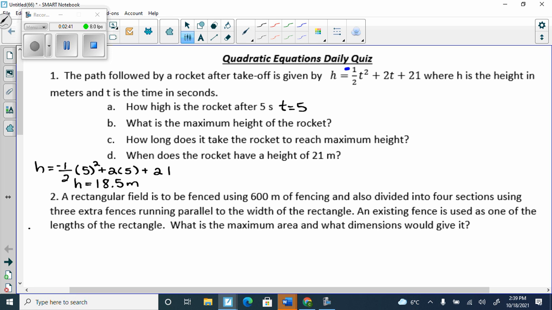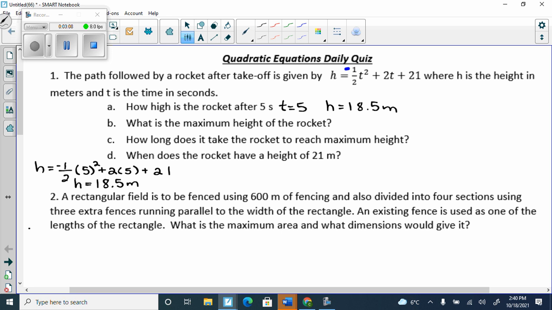Second, trace, number 1, and what pops up? X equals, and what can we put in for that? 5. 18.5. We got it right. Good. So h equals 18.5 meters.